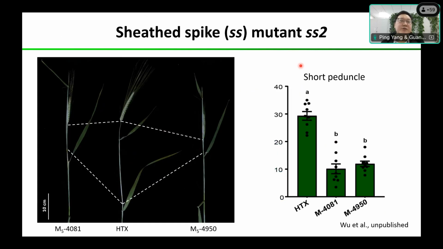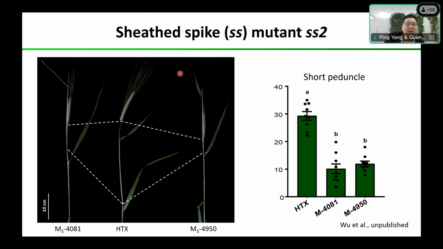In addition to qualitative traits, we also tried to use this resource to identify quantitative traits. For instance, this is a story we refer to as the short spike mutant SS2. If you look at this phenotype in natural populations, it determines the length of the peduncle, the first internode just below the spike, so it would definitely be considered a quantitative trait.